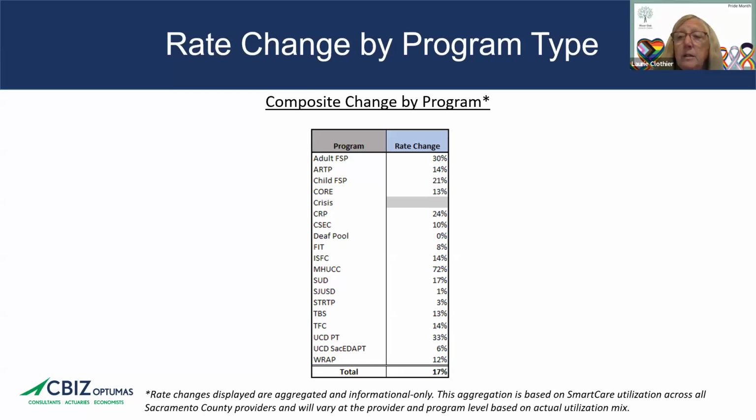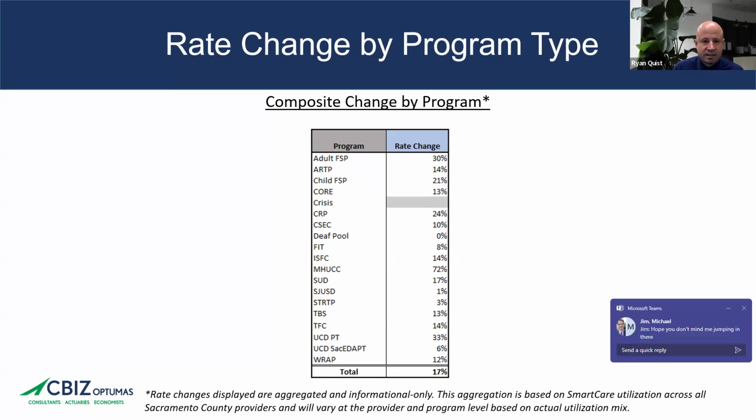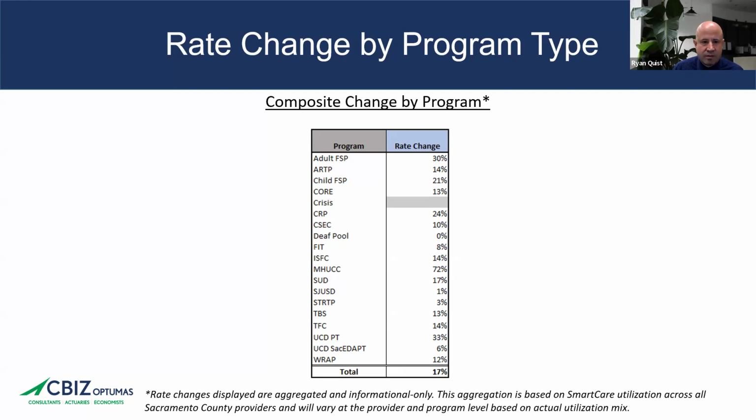And Ryan, I asked, it's probably a county question, not an Optumas question, but what is the process for county leadership to approve both process and timeline, these adjustments? Right, so we are obviously behind the eight ball as it relates to contract development. So we're pretty much trying to run with these rates. And so we're going to send out the tool for you all to see how things settle out for your different programs.